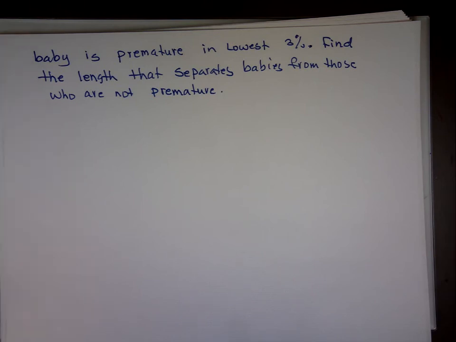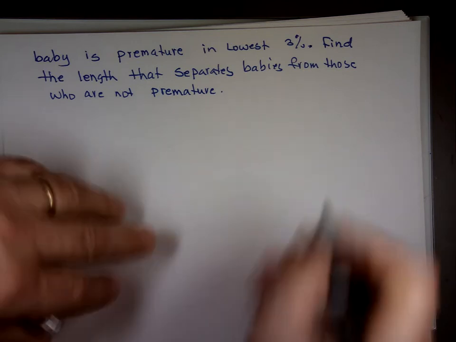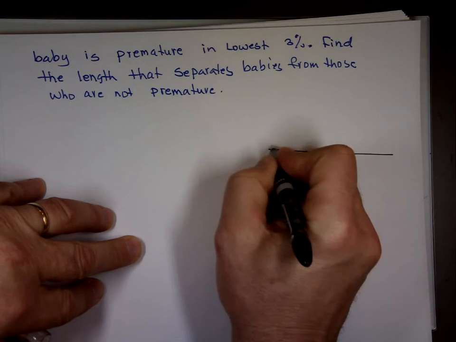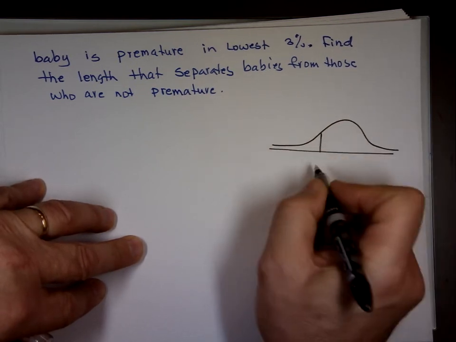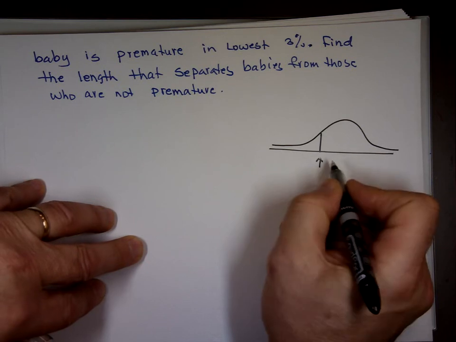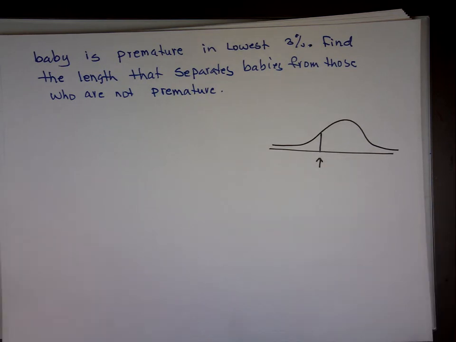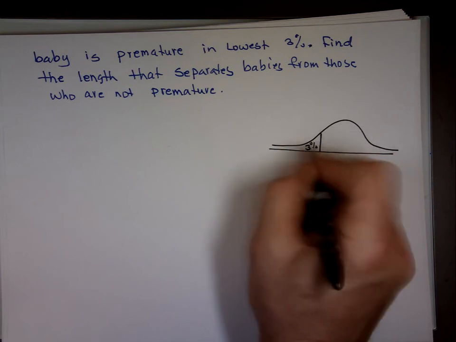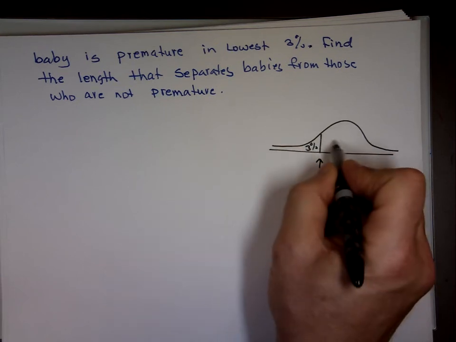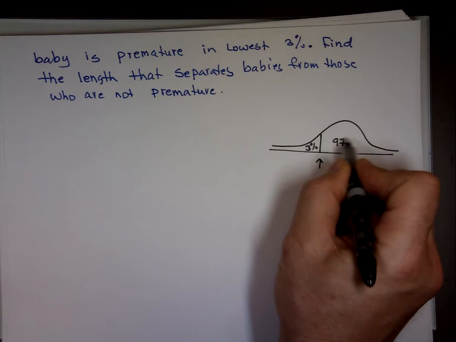So here it says a baby is premature if it's in the lowest 3%. So if you belong in this group, that's premature. That's the number that will decide if you are a premature baby or not. Of the babies born here, all of them below this number are premature, 3%. That means 97% of the babies are born not premature.